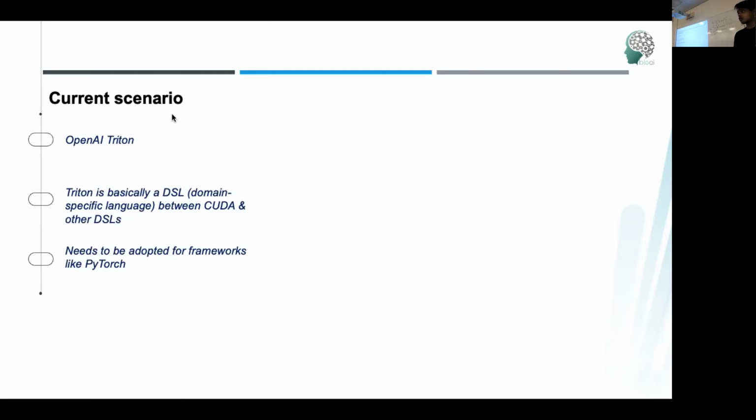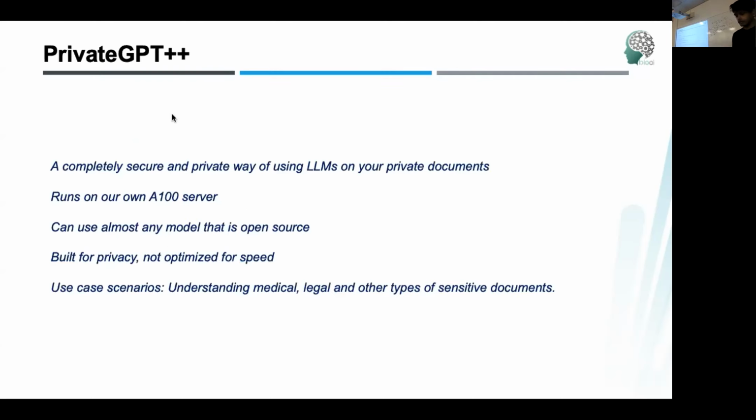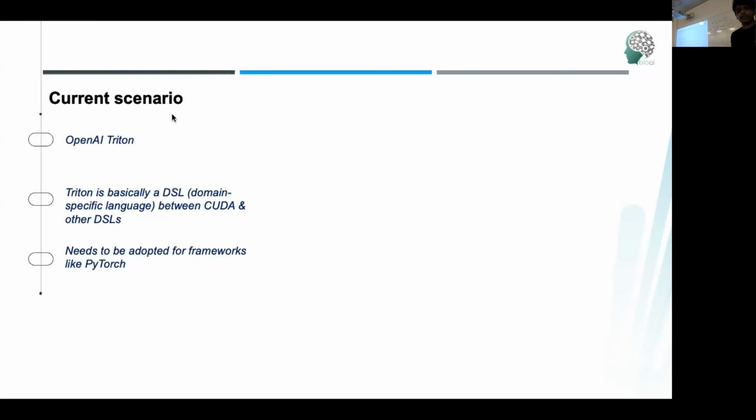there is something called OpenAI Triton, which was again developed by a PhD student. It provides an abstraction layer between CUDA and the other languages that machine learning engineers use. It can bridge the gap between the CUDA language and machine learning engineers, and help them use flash attention more.